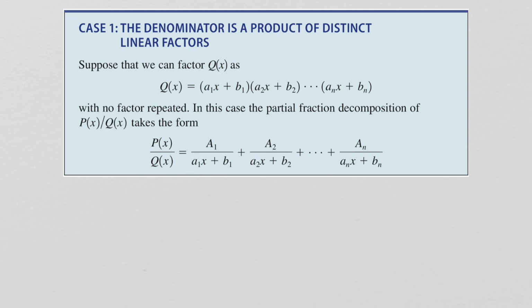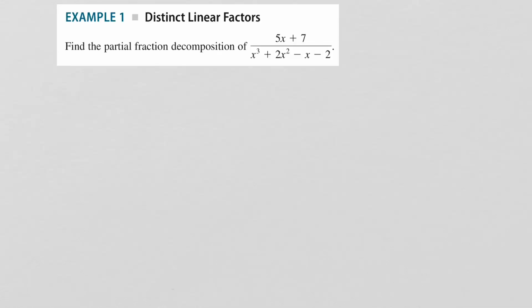One thing I need to say before we begin is that we are under the assumption that the original fraction is a proper fraction, so the degree of the numerator must be less than the degree of the denominator. In our first example here, the degree of the numerator is 1 and the degree of the denominator is 3. So this is a proper fraction.